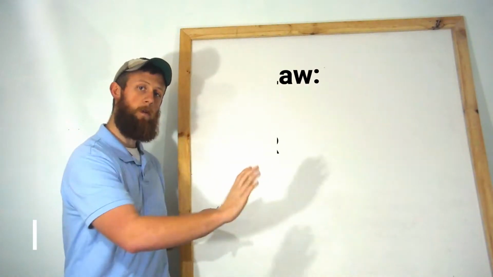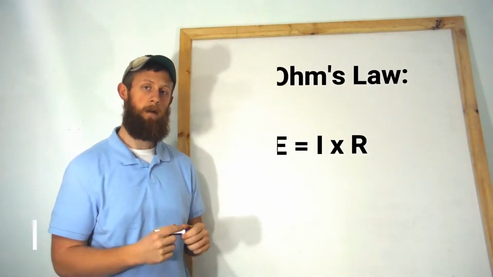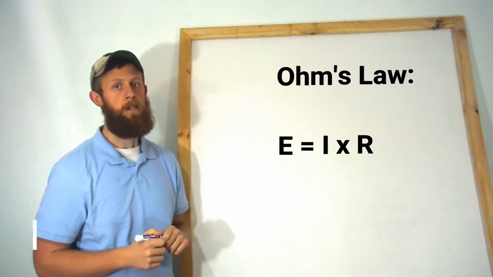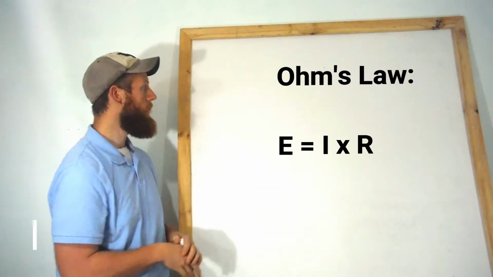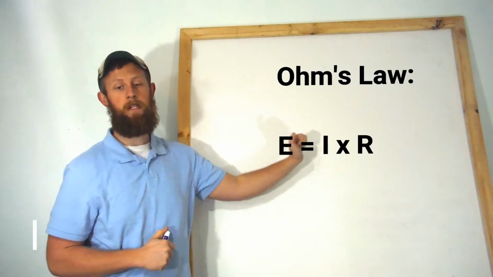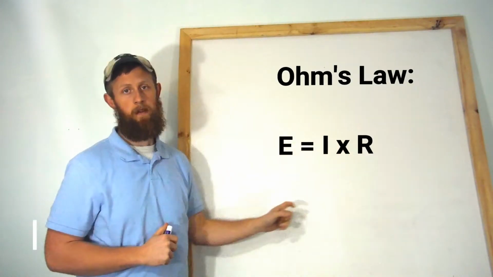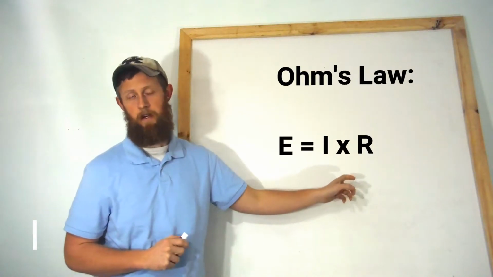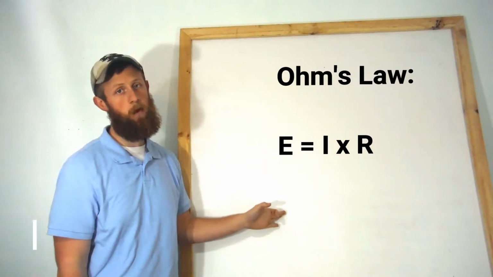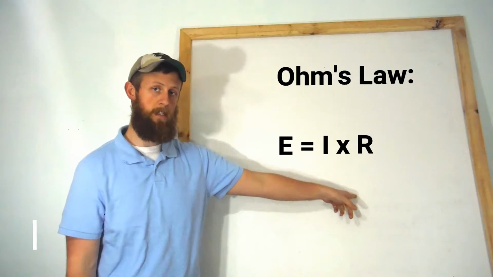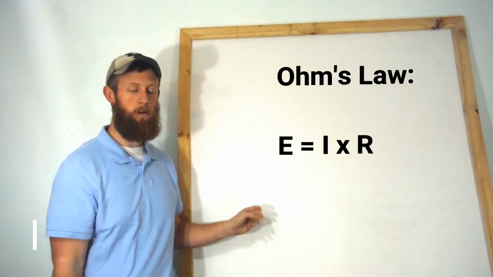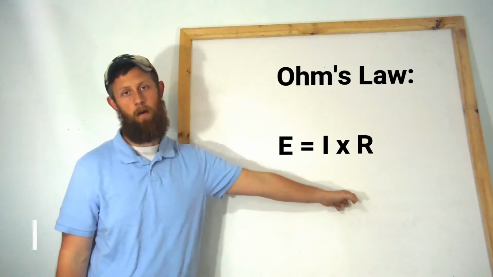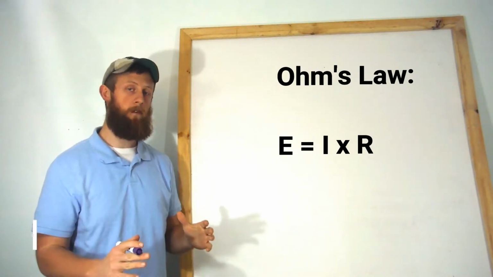But just to learn it, we'll start simple with the multiplication side. So with that, the multiplication version of Ohm's law is going to be E equals I times R. So that's volts equals amps times resistance. And that's where we'll start. So remember that one. E equals I times R, and that's where you're going to start from.